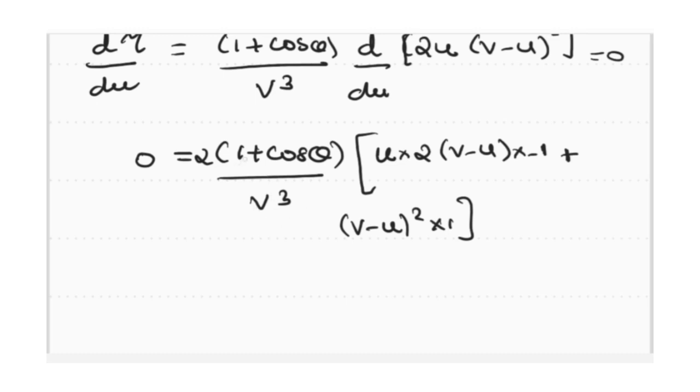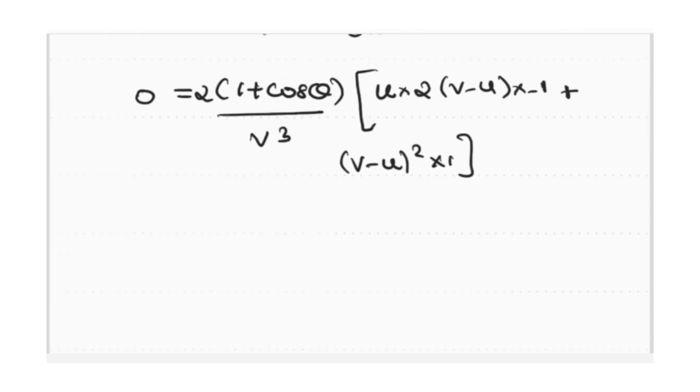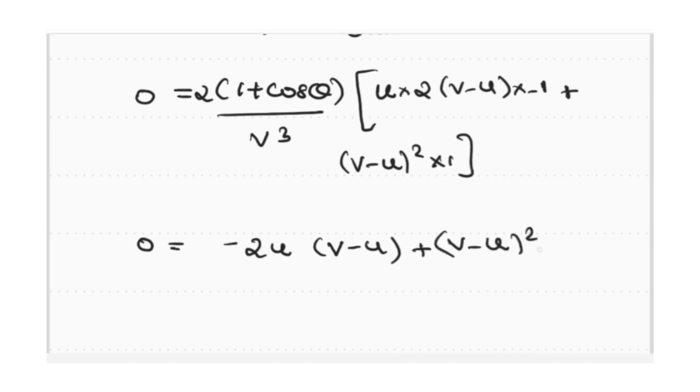If you take all V cube to this side, 0 divided by 2 into (1 plus cos theta) is 0. So what is left is 0 is equal to minus 2u into (V minus u) plus (V minus u) whole square into 1.